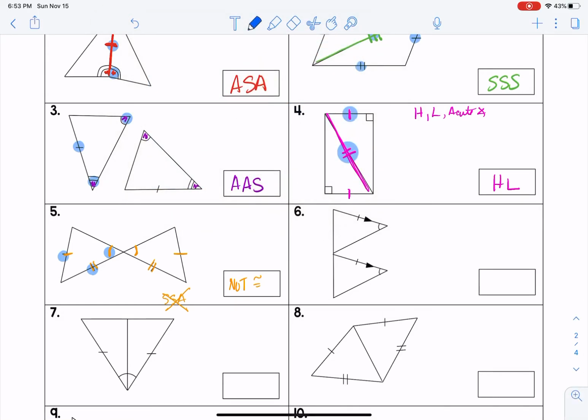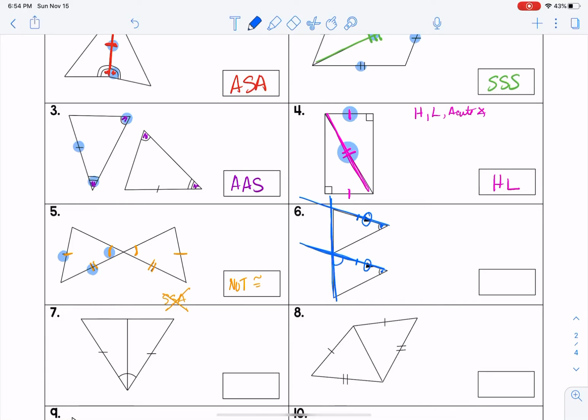For number 6, this one is an extra because I have a side and an angle. And then when you look at it, I don't have any vertical angles. I don't think I have anything else until I recognize that these are parallel. So I like to extend my parallel lines, and then I like to extend my transversal.